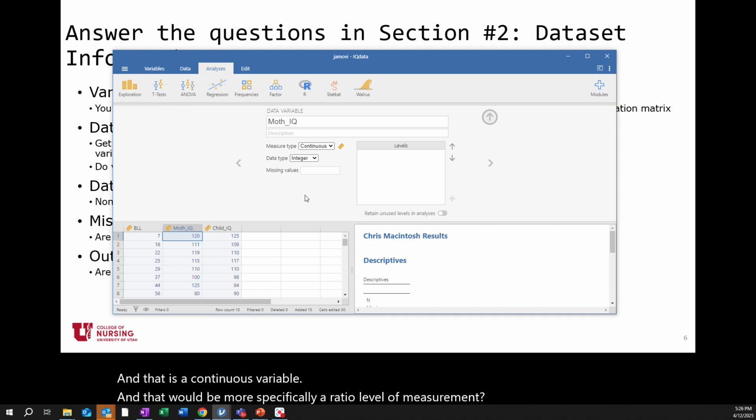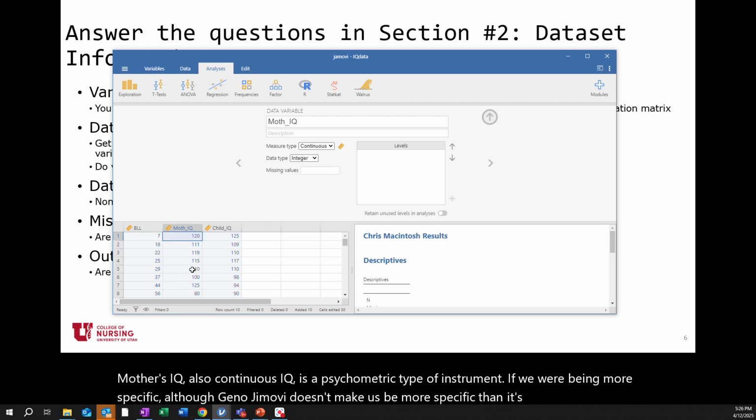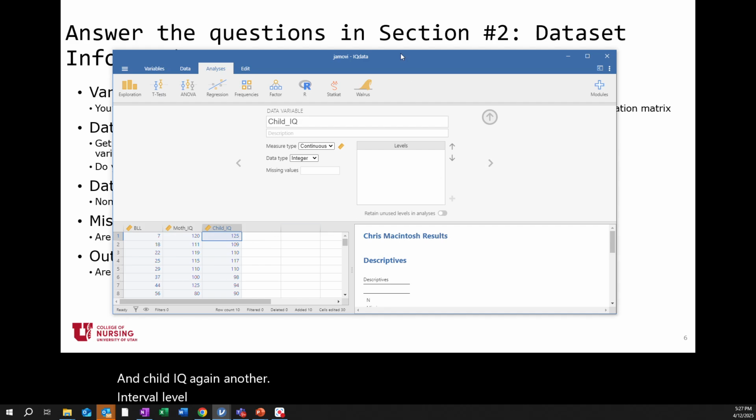Mother's IQ is also continuous. IQ is a psychometric type of instrument. If we were being more specific, although Jamovi doesn't make us be more specific than continuous, that would be an interval level of measurement. There's no such thing as a 0 IQ. And child IQ is, again, another interval level of measurement.